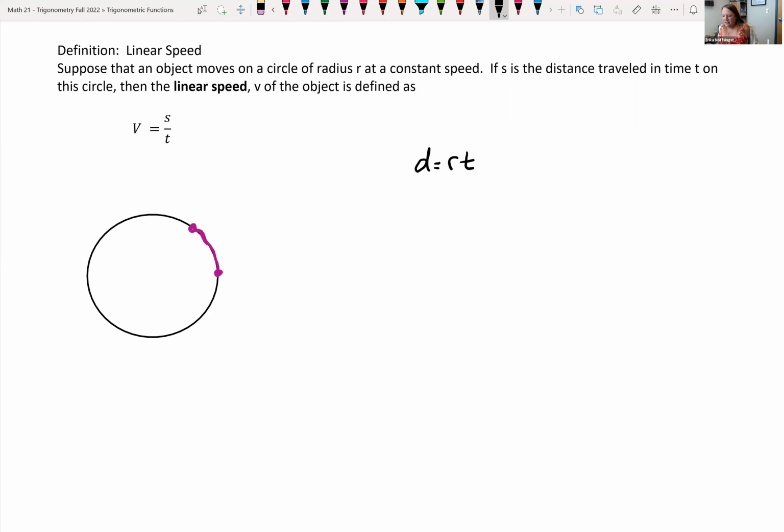So s is denoted as our distance for the arc length. So all this is saying is s is equal to rate times time. And if we want to find that speed, all we would be doing is dividing by t. And so r, which is our rate, in this case is v for our formula, the speed, times time.